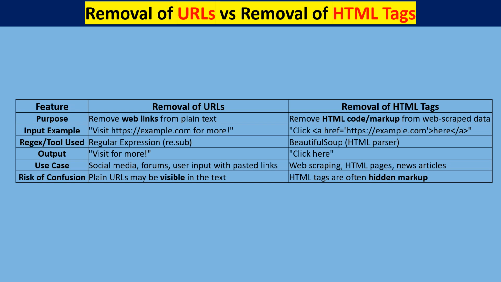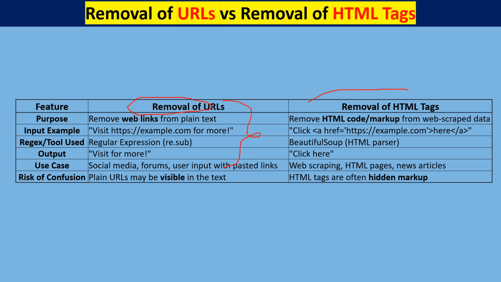Removal of URLs versus removal of HTML tags. For removal of URLs, we strip out actual links, HTTP, that often clutter text data. Focus on cleaning links from tweets, emails, and messages, using regex to match and remove patterns that begin with http or www, which helps eliminate external link noise.